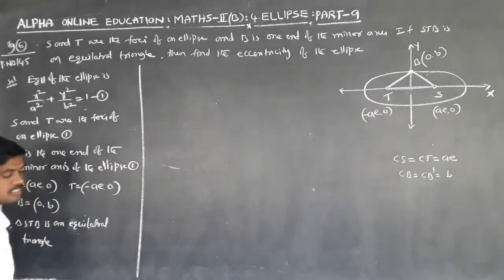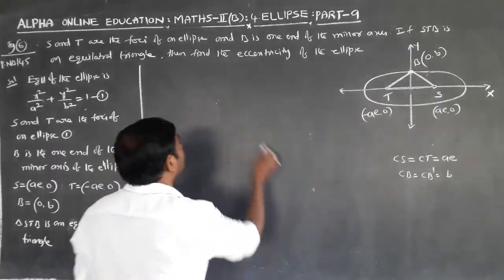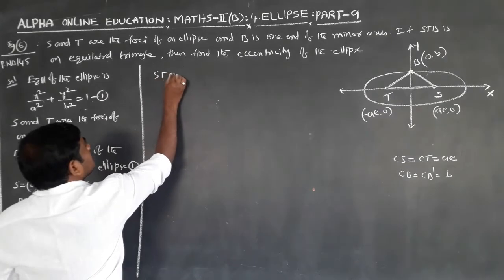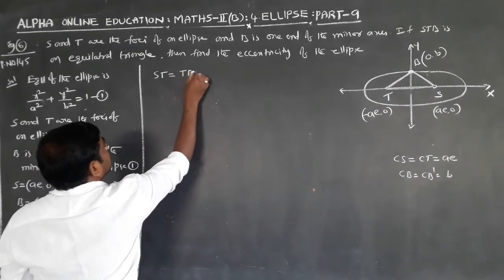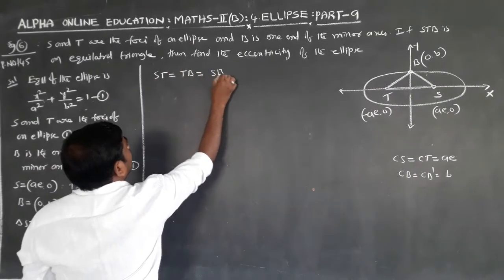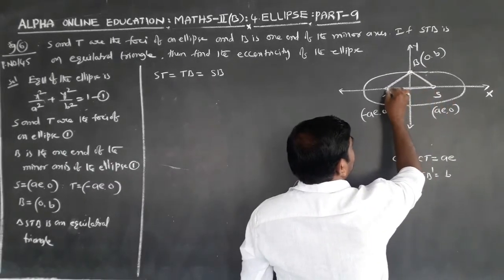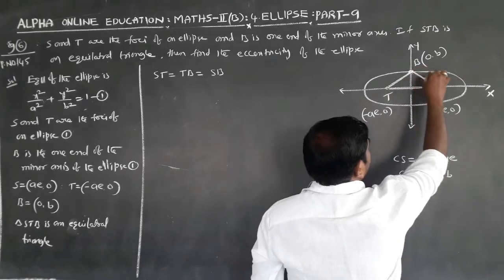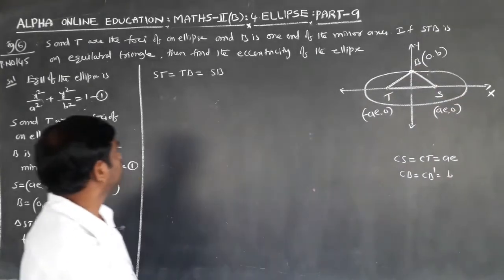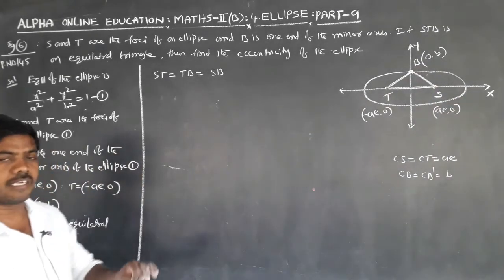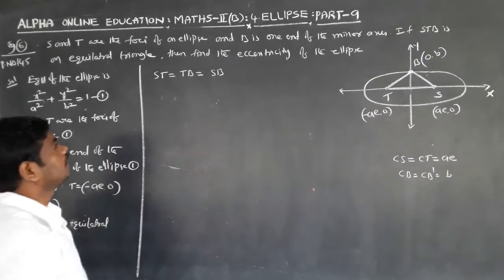Equilateral triangle means three sides are equal. So ST is equal to TB is equal to SB. Equilateral triangle means three sides are equal.